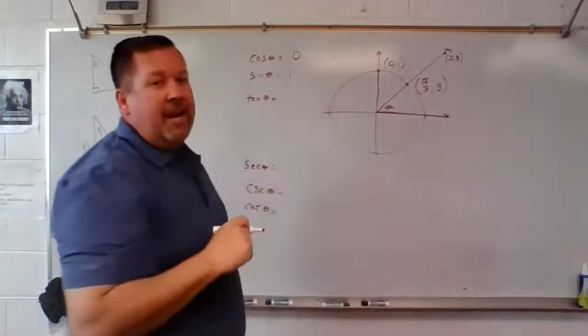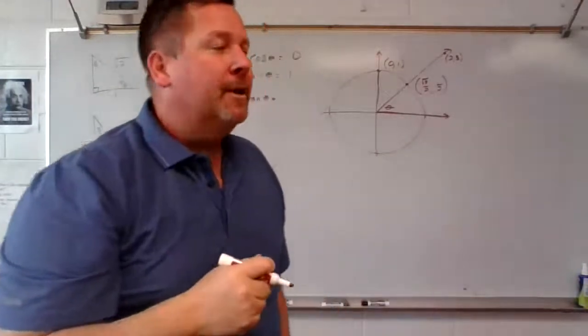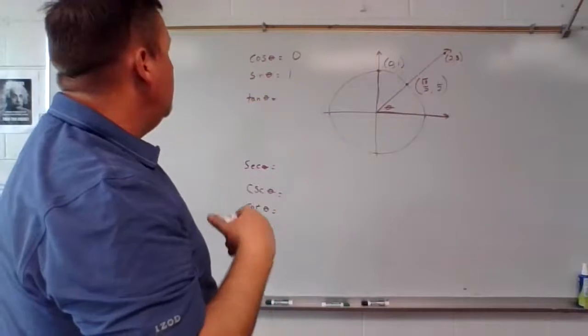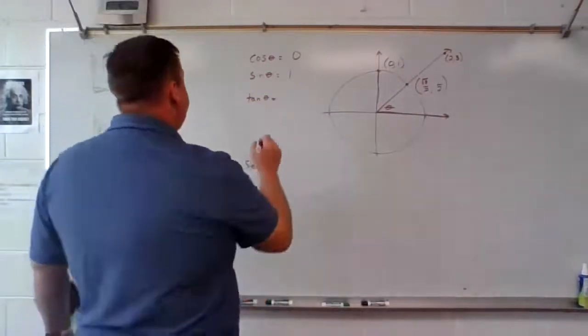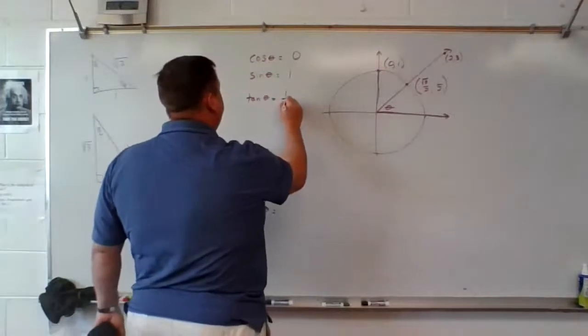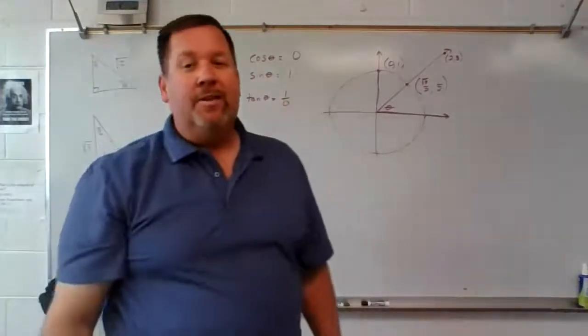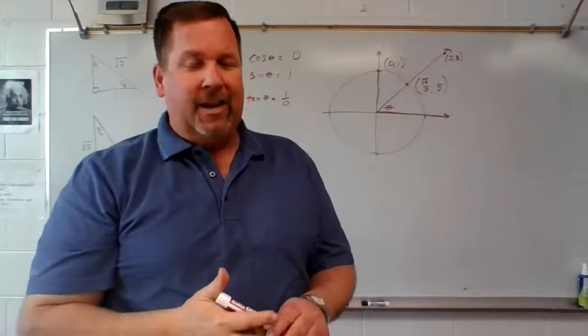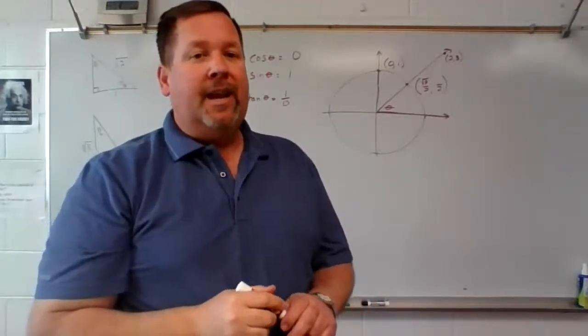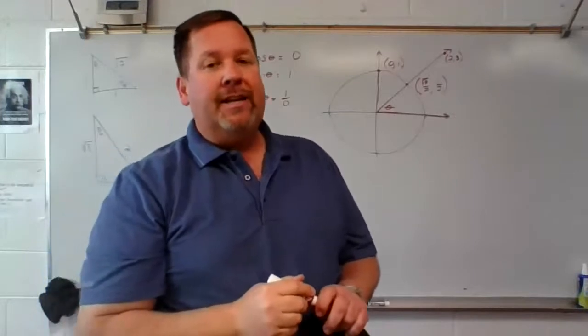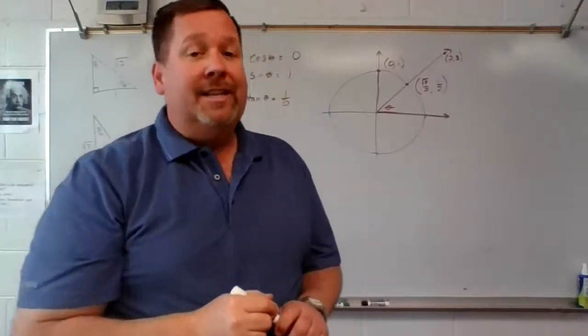Now, tangent of pi over 2 may be a little tricky because I'm supposed to do y over x or sine over cosine. 1 over 0. Hopefully, remember, we can't do that. We can't have 0 in the denominator. So it turns out tangent of pi over 2 or tangent of 90 degrees, we would say, is undefined.